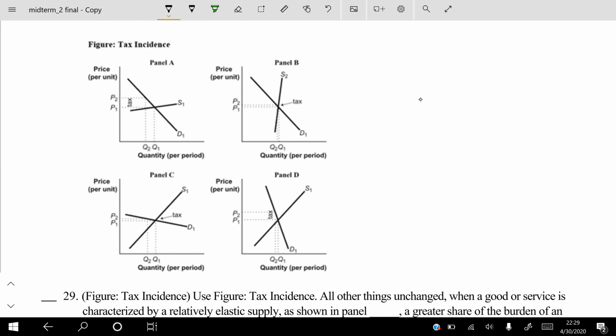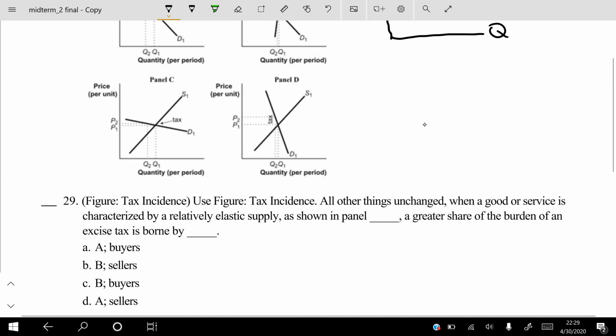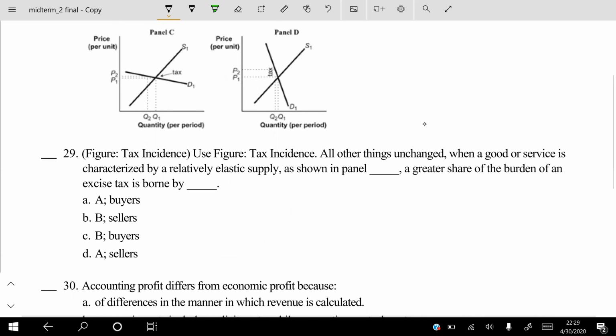Remember, to be perfectly elastic, you're a horizontal line. So it looks like panel A is our answer, and it's going to be the buyers that take on most of the burden. So the answer here is A.